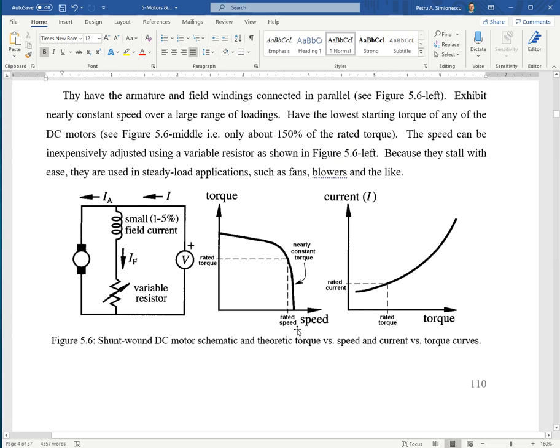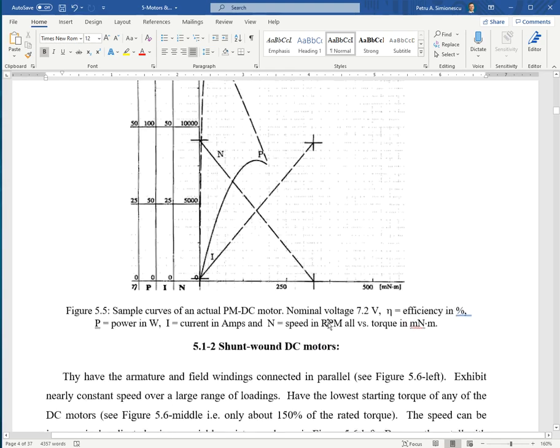The torque speed curve typically looks as shown, and the current is not as linear as for the permanent magnet DC. It could look like shown here, and as you can see, the rated torque is less than half, at least at the scale of this drawing, of the stall torque.